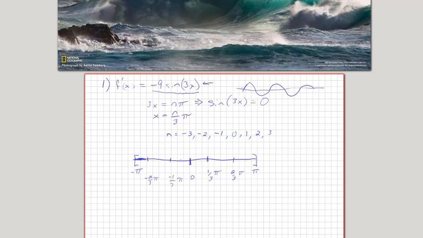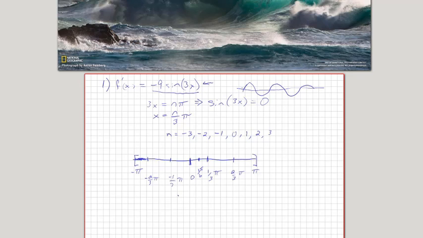Maybe I could pick an easy one. How about in here? So I need some value to plug in that is between 0 and 1/3 pi. How about 1/6 pi? I'll do 1/6 pi just to see what the derivative is.